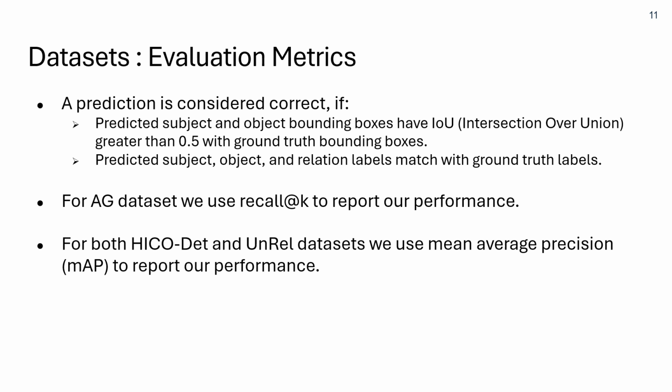For our evaluation, we considered a prediction correct if the predicted subject and object bounding boxes have IOU greater than 0.5 with ground truth bounding boxes, and the predicted subject, object, and relationship labels match the ground truth labels. For different datasets, we have used different metrics according to the benchmarks.